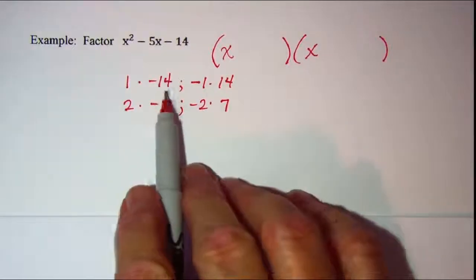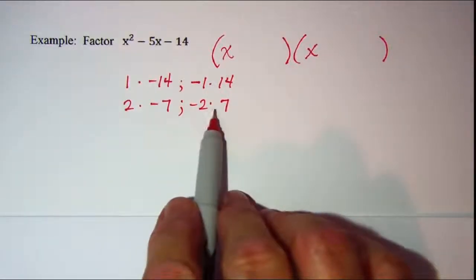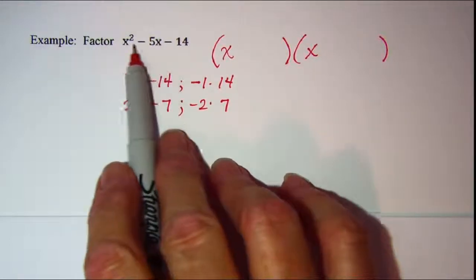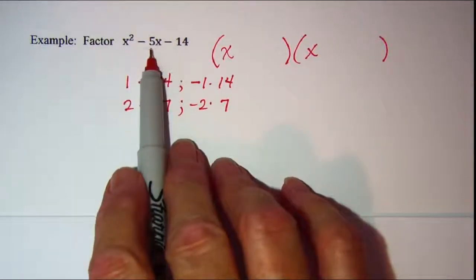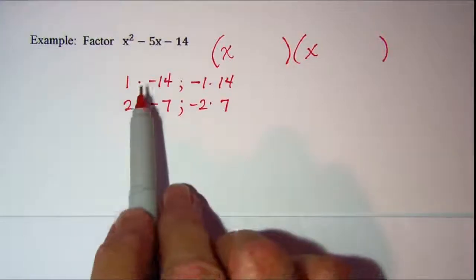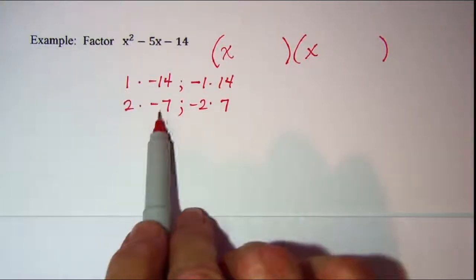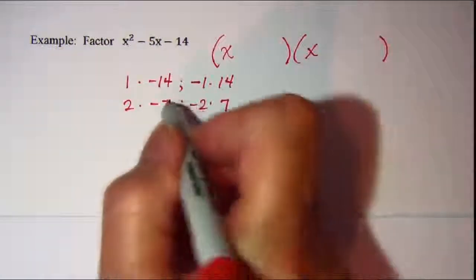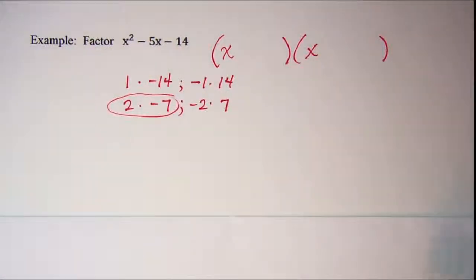So I need to check these possibilities. But I do know that the two together have to be a negative 5. So if I look at the combination of these, it looks like this one is going to give me a negative 5 when I add them together. So let's try that.